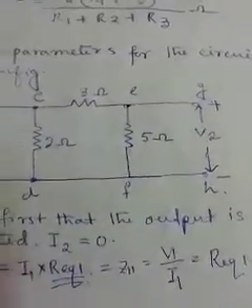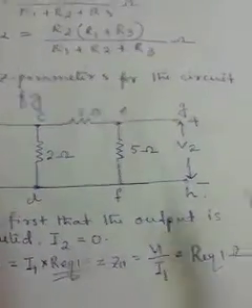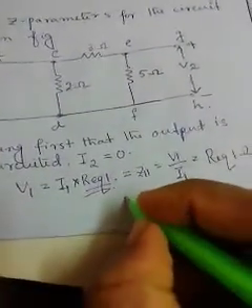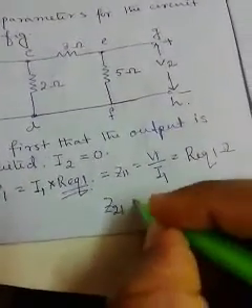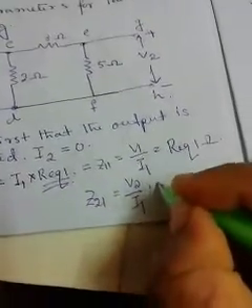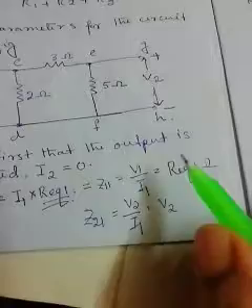Now how to find out the value for Z21? If we again come back to the figure, what will be the value for Z21 mathematically? We know Z21 should be equal to V2 by I1. So what about V2? We do not know for the time being.